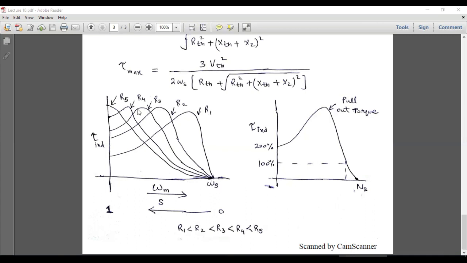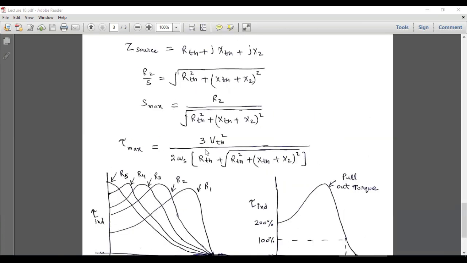So it means that the maximum torque, or pull-out torque, is independent of the rotor resistance, which we can also observe in this expression. In this T max, we don't see any R2 term.